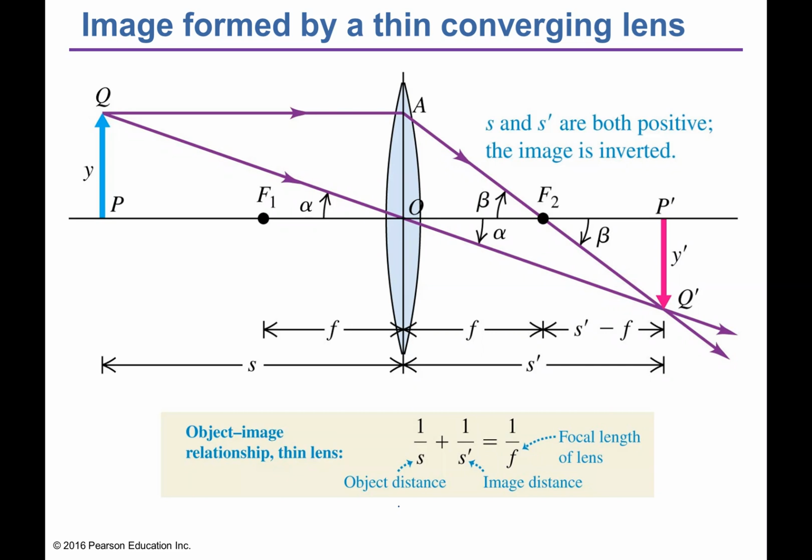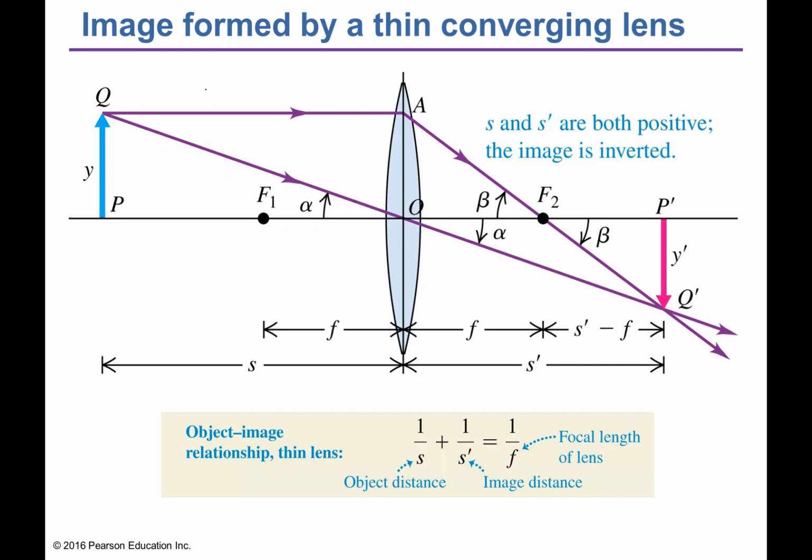As I move this object closer and closer to the lens, I get different sizes of object and image, and eventually a different type of image, real compared to virtual. Graphically what we do is very similar, except that the light refracts to the other side, but we still use very similar ray diagrams, those principal rays that we can use.